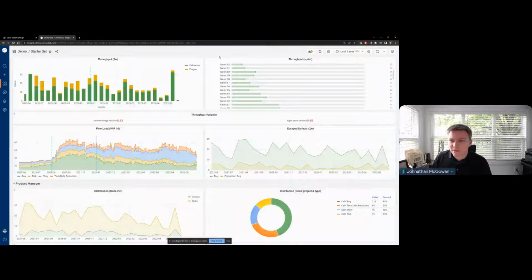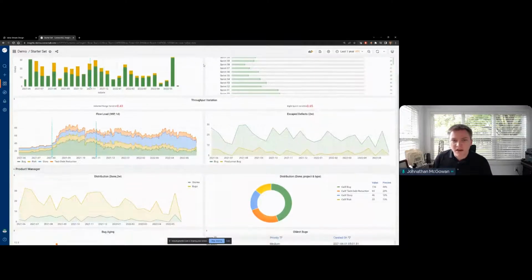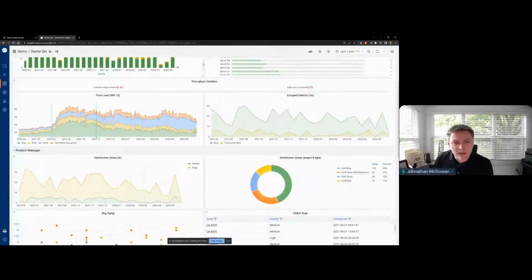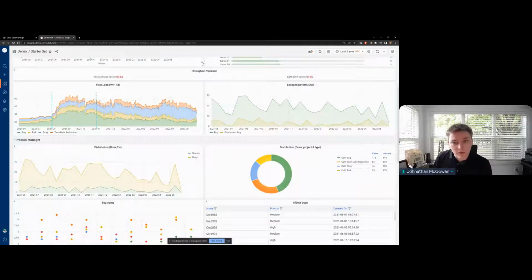But let's start asking some of the next questions. If the flow time is slow, or the throughput is slower than you expect, you want to start asking, well, why? Why is that flow time slower than we expect, that throughput? We can get a quick answer for that by looking at things like the flow load.